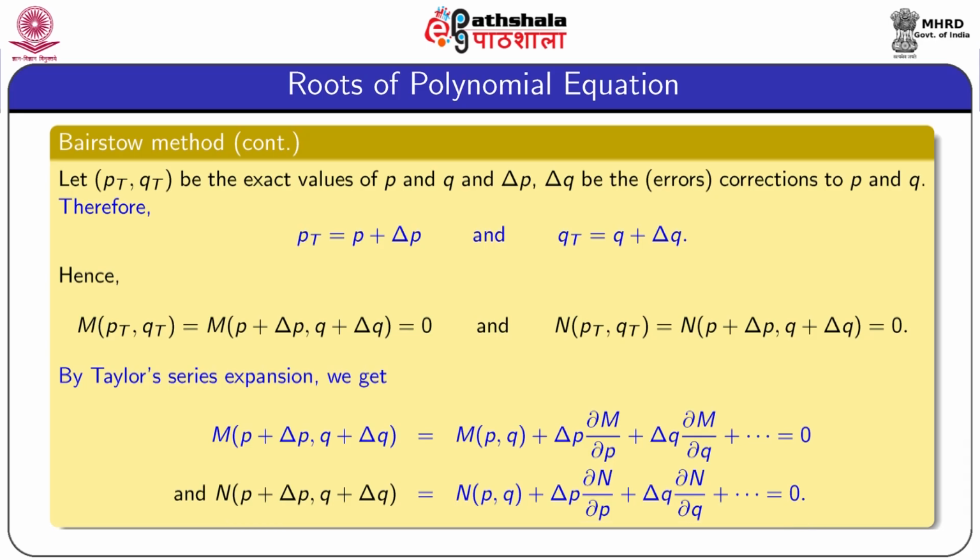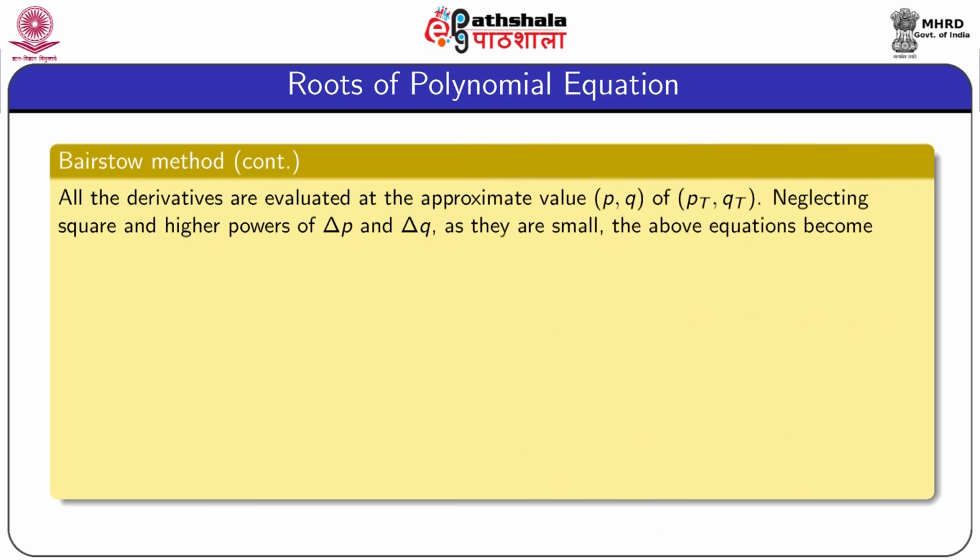It is assumed that the corrections delta p and delta q are small in general. Therefore, we can neglect the higher powers of delta p and delta q, that means the square and higher powers can be neglected from the equation.